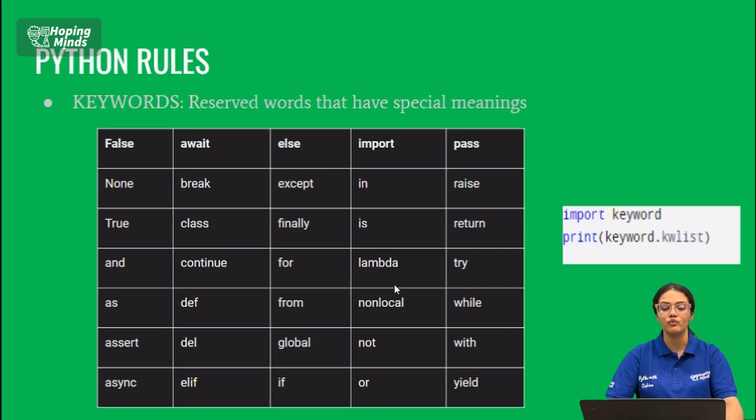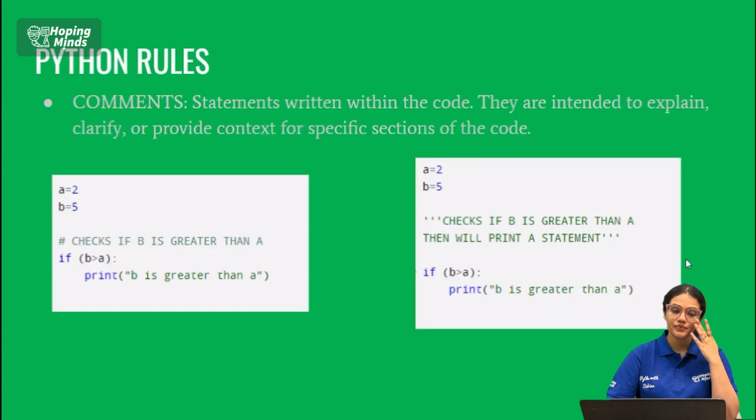If you want to print the list of keywords, this is how you can simply do it. Import keyword and print keyword.kwlist. This is simply a variable which stores all the keywords. Keyword is a module, and inside the module, if you want to print the list, you can print using the kwlist variable.